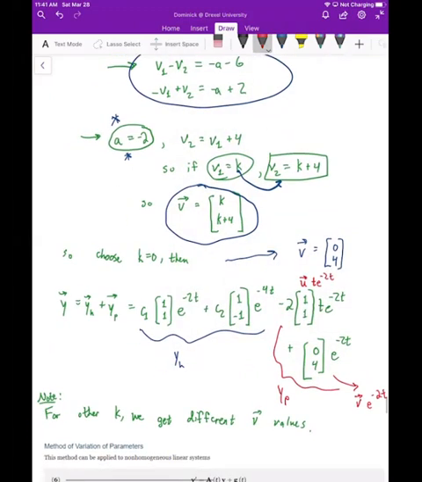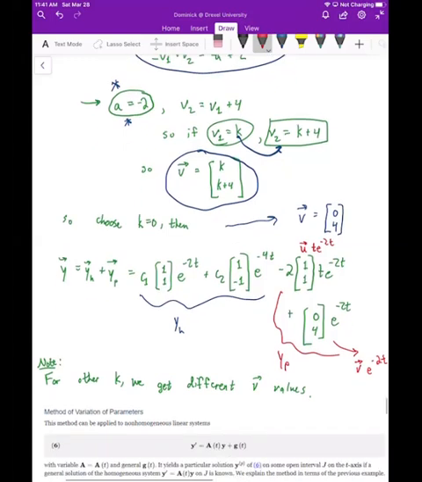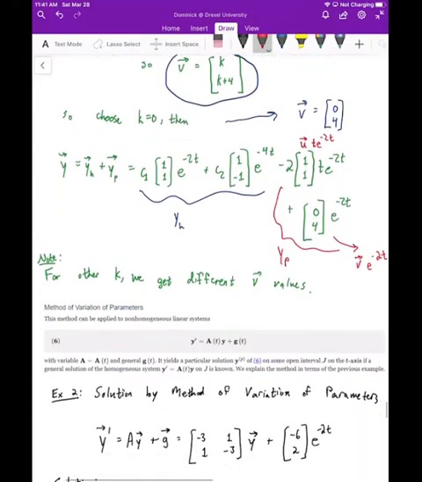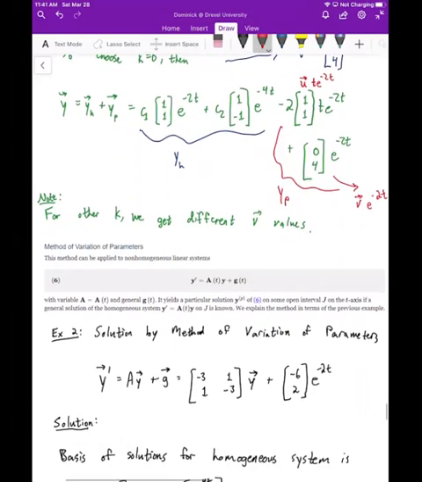All right, now just be careful. If you were to use different values of k, you would get different values for v, although they would still be valid answers. That's totally fine. But just note that if you choose k differently, you will get, of course, different v values. Okay, so that's that example.